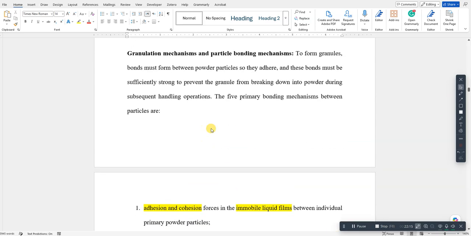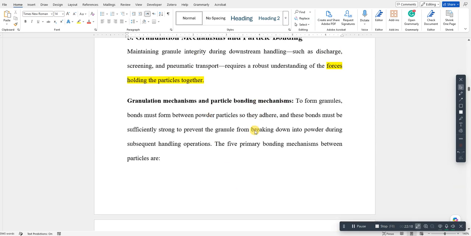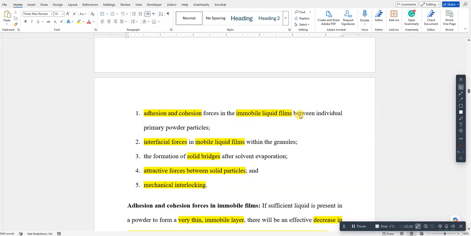Also, we are talking here about the mechanisms of bonding. So bonding because of the presence of immobile liquid films or mobile liquid films, but of course, eventually these granules are going to dry. So these are temporary interfacial forces while the granules are wet when you are doing wet massing.